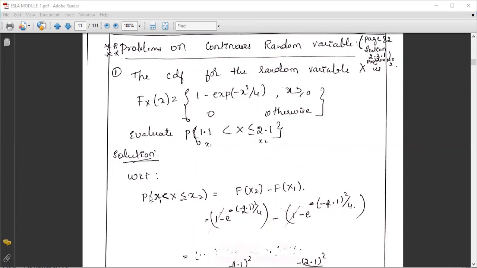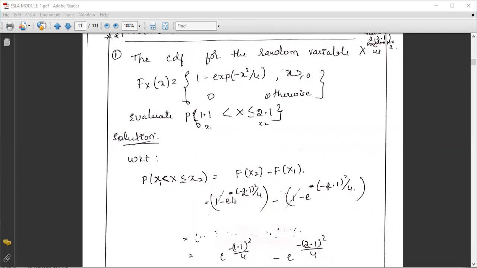We already know that the probability of x1 less than x less than or equal to x2 is nothing but capital F of x2 minus capital F of x1. That's why we are substituting x2. So we get 1 minus e power minus 2.1 whole square divided by 4, minus F of x1.